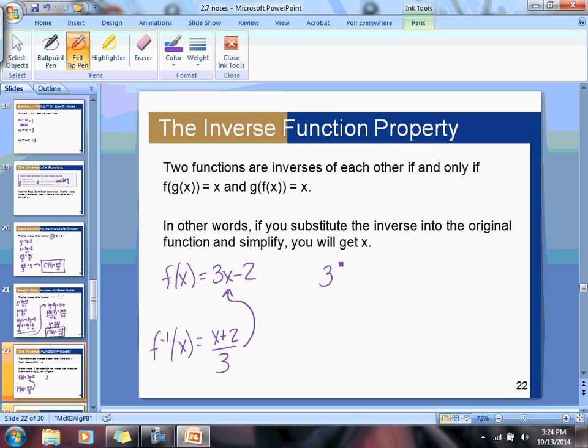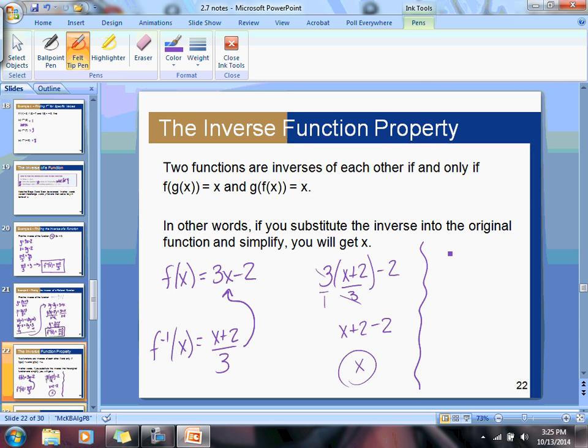So I'll have 3 times x plus 2 over 3 minus 2. Now remember, here when I'm multiplying, this 3 is over a 1, so those 3's cancel. So then I have x plus 2 minus 2, which is x. Look at that. And you could go the other way as well. You could put the f of x into the f to the negative 1 of x. If you really wanted to, I can show you that.